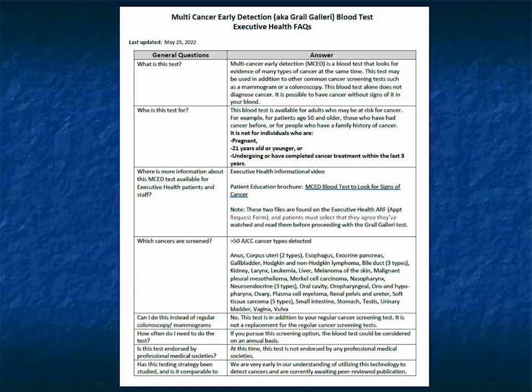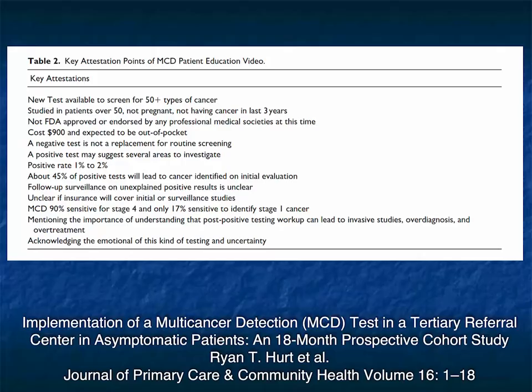They made the point that mammography and colonoscopy would still be necessary. We're not looking to replace those studies at this point, but this is in addition, and especially looking for the cancers that don't have a screening study. And again, telling the patients that this is early, that this is a new study. It seems to have lots of promise.